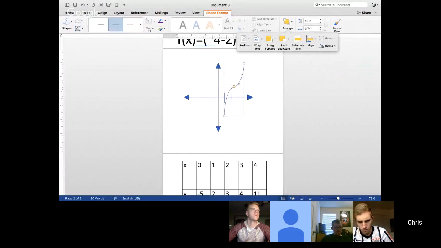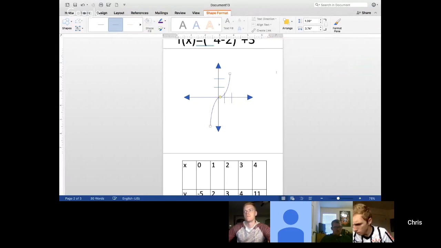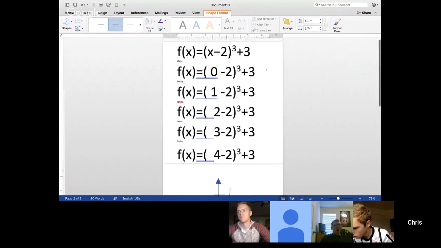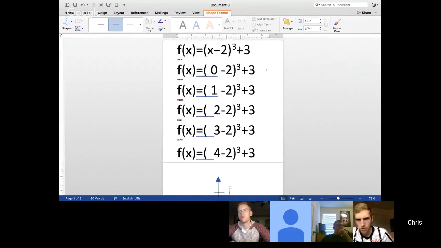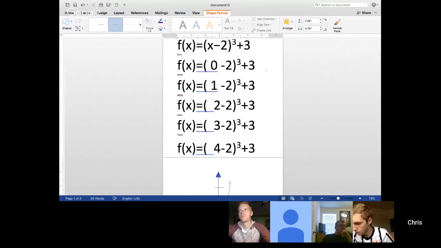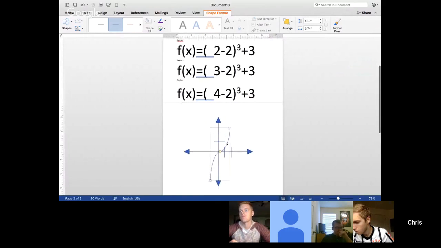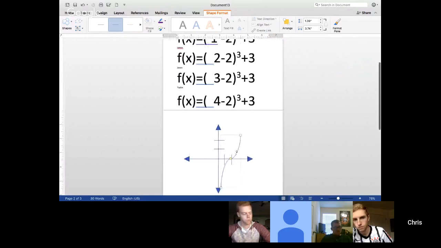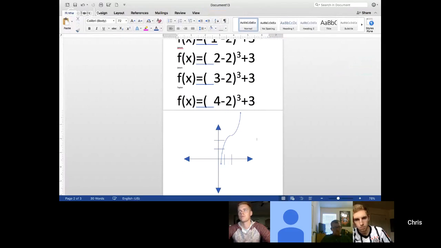Okay, that's what it'd be normally. And then we have to move it to the right 2 and up 3. 1, 2, 3. Just like that. Perfect.